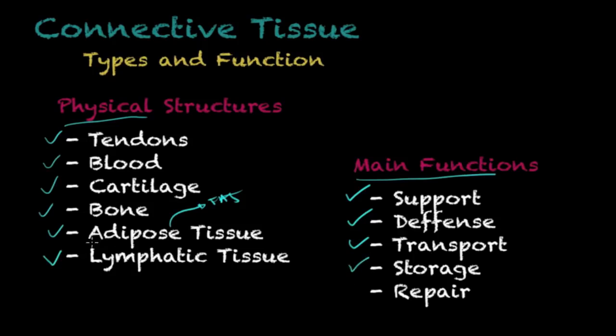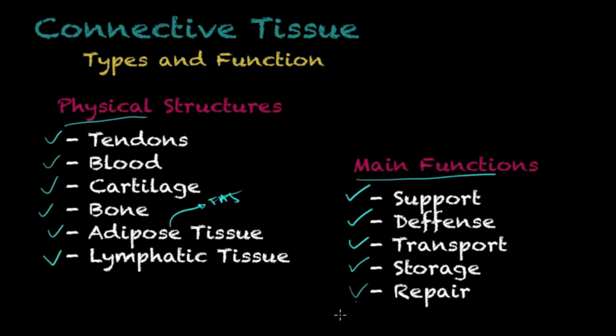Storage, if you think about adipose tissue, which is a fat tissue, meaning that energy will be stored here in the form of fat. So that is an example of storage and how connective tissue has it as a function. Now the last one, repair. If you talk about different repair mechanisms that happen in your body, it is clearly carried out by connective tissue.